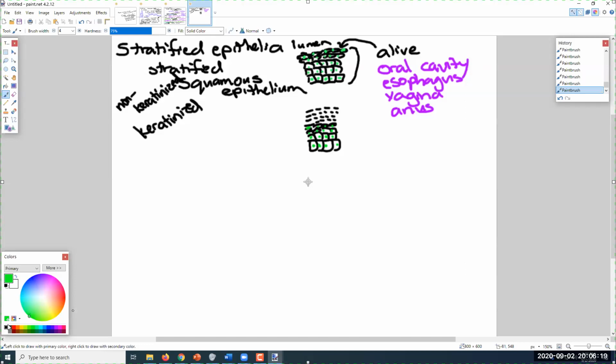The reason is that these are all keratinized, so these are now dead, so you don't see any more nuclei. Yes, it makes it tougher and waterproof, but now these are dead cells on the top. And you find this exactly like someone just put in the chat here, you find this in skin.